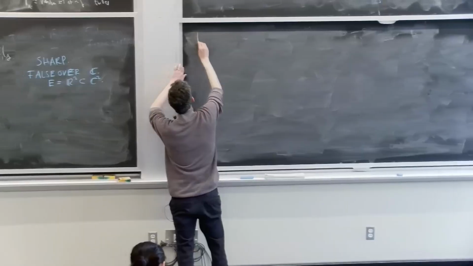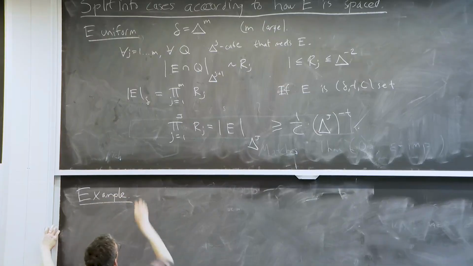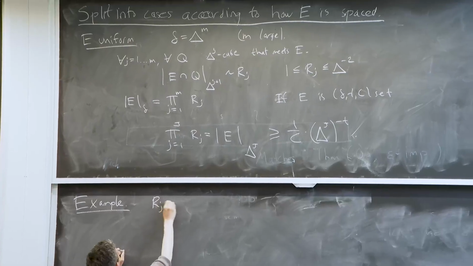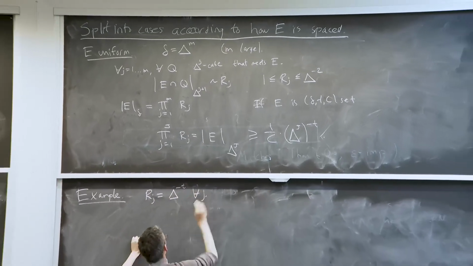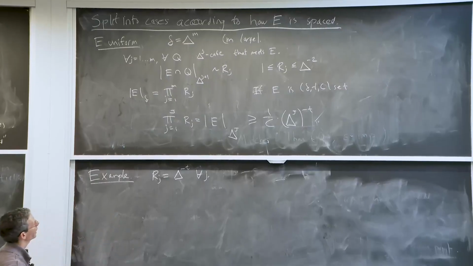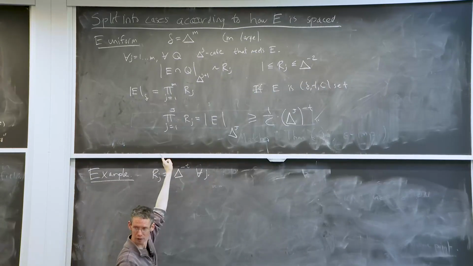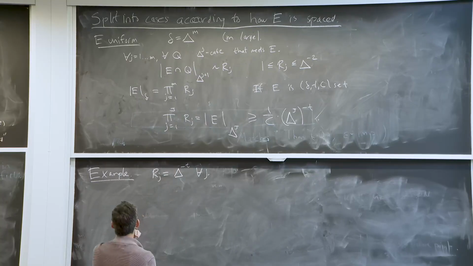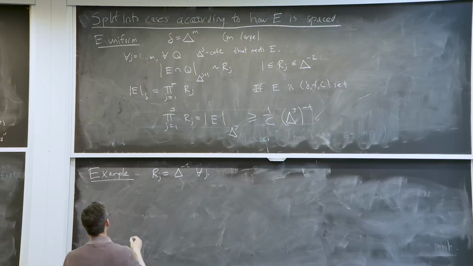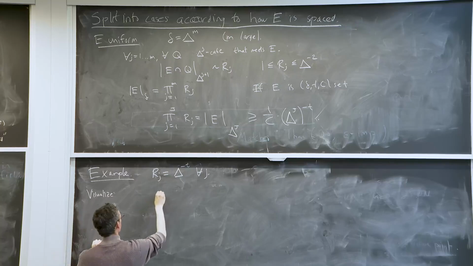OK, so the first example that I want to put up is that all the r_j's are the same. So r_j is delta to the minus t for every j. OK, and then you'll see that this will be OK. All right, and I'd like to visualize this in two ways. So the first way I'd like to visualize is as a tree.